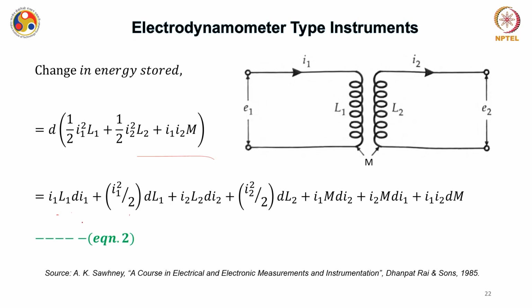So, the change in the energy stored is equal to I1 L1 dI1 plus I1 square by 2 into dL1 plus I2 L2 dI2 plus I2 square by 2 into dL2 plus I1 M dI2 plus I2 M dI1 plus I1 I2 into dM. I am calling this equation 2.